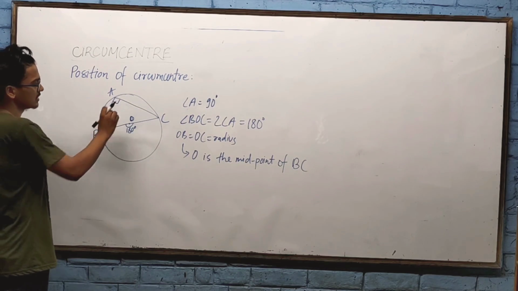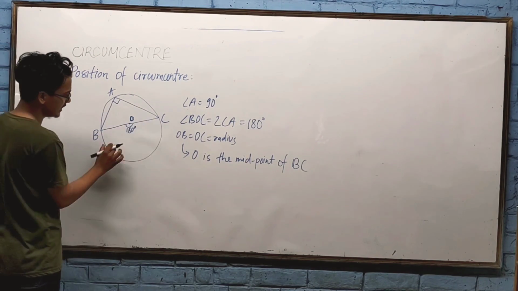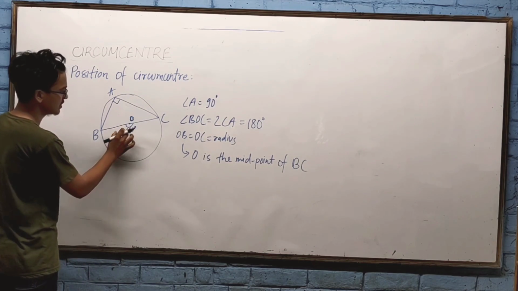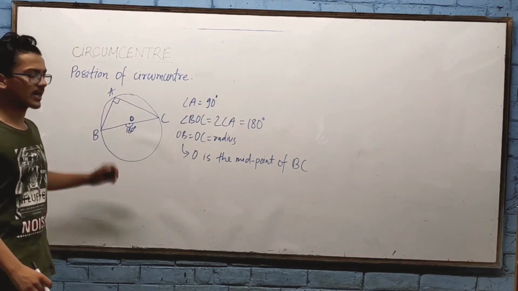So the circumcenter in case of a right angle triangle will lie exactly on the midpoint of the hypotenuse. So the midpoint of the hypotenuse is actually the circumcenter in case of a right angle triangle.